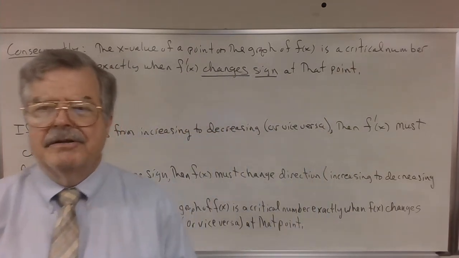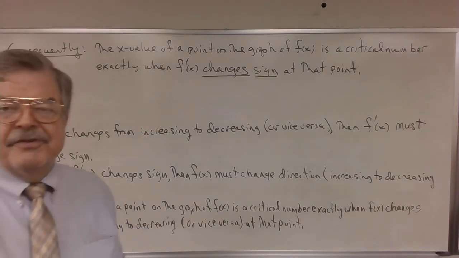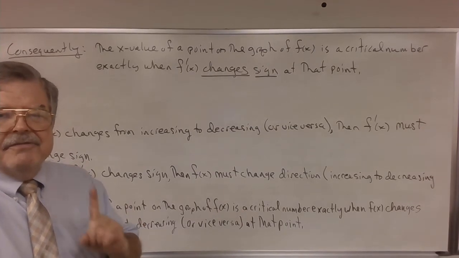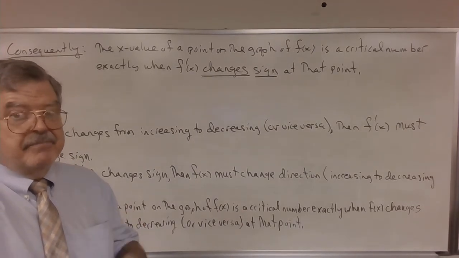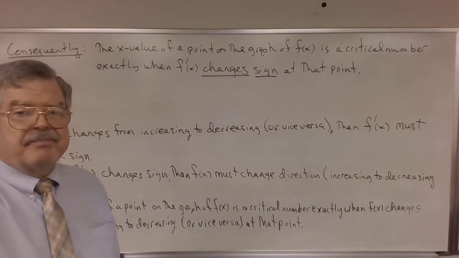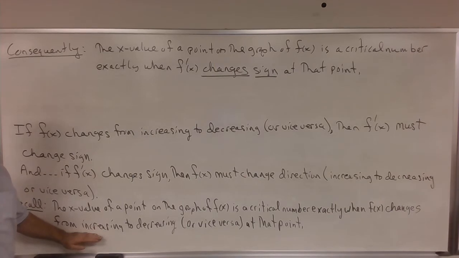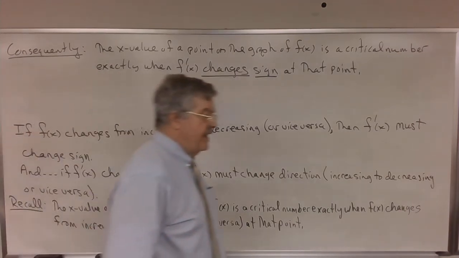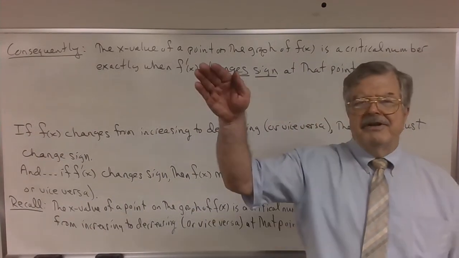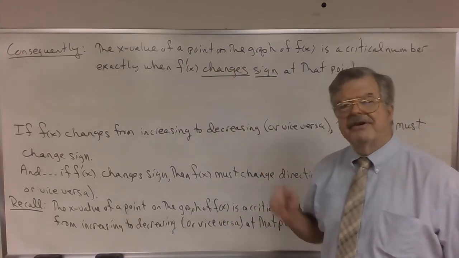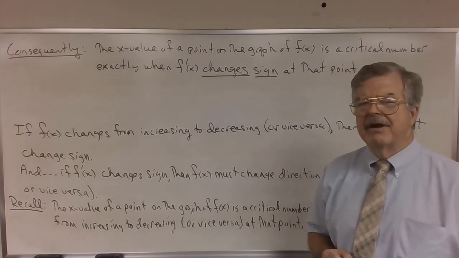So we'll look at a critical number this way. We'll say that x is a critical number if the derivative changes sign at that x value. And that's equivalent to saying that f of x changes from increasing to decreasing or vice versa at that point. So if f of x changes from increasing to decreasing or decreasing to increasing at a certain x value, that x value is a critical number.